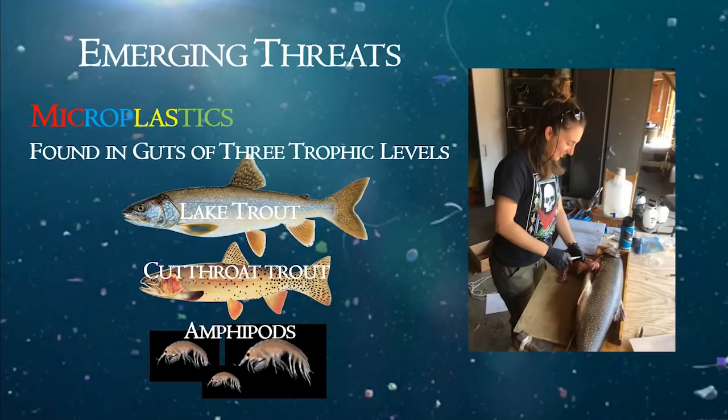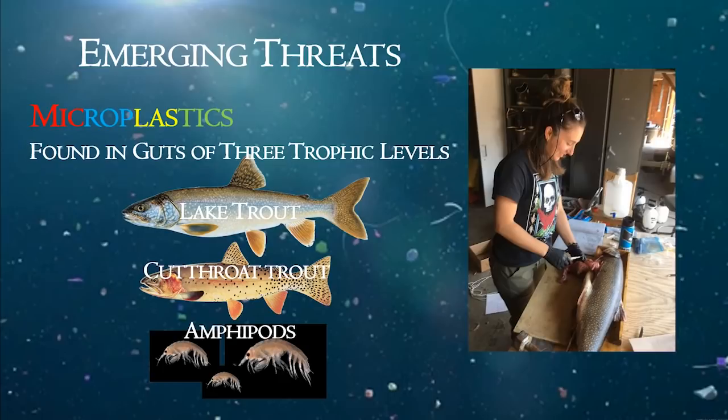We've also recently found microplastics within Yellowstone Lake. Microplastics are small plastic particles less than 5 millimeters in size, usually filamentous. We found microplastics within the lake water column. We also found microplastics within 3 trophic levels within the lake, indicating that microplastics are being consumed by the organisms within the lake.